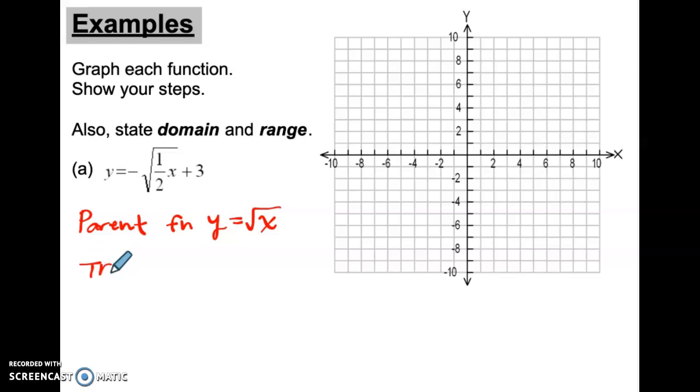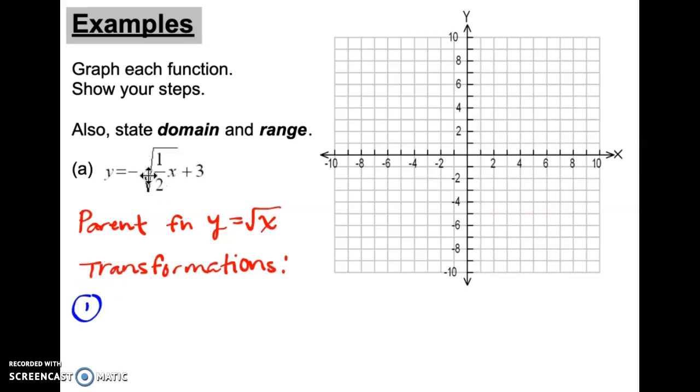And then if we want to write out our transformations, we have to look through the entire equation and figure out what each number is doing to our graph. So we'll start with the stretches.